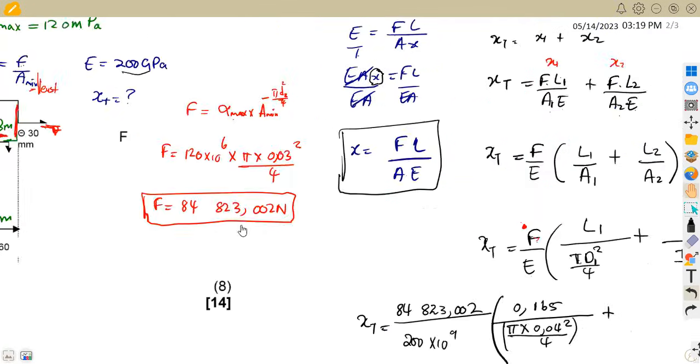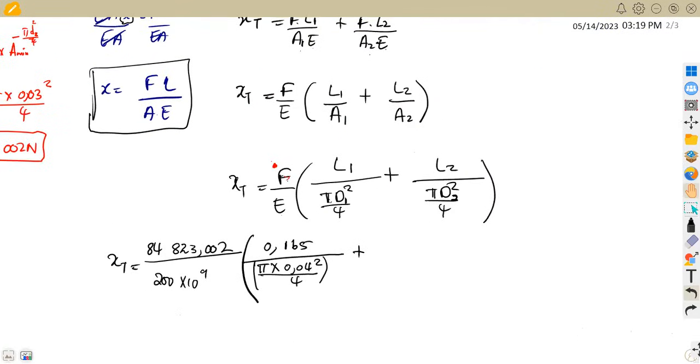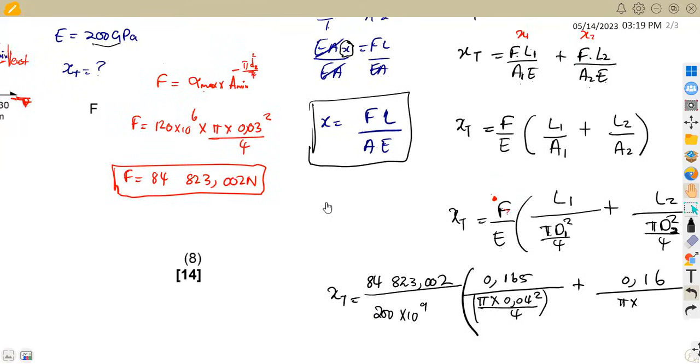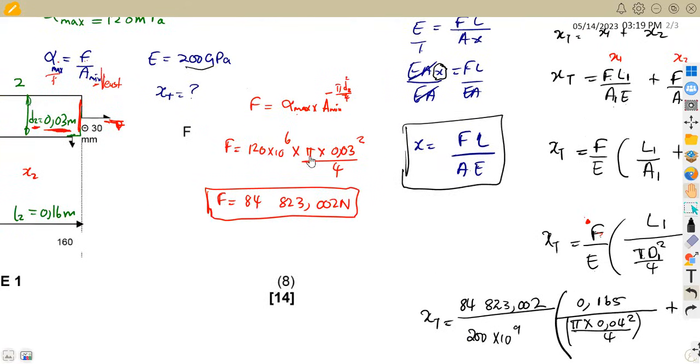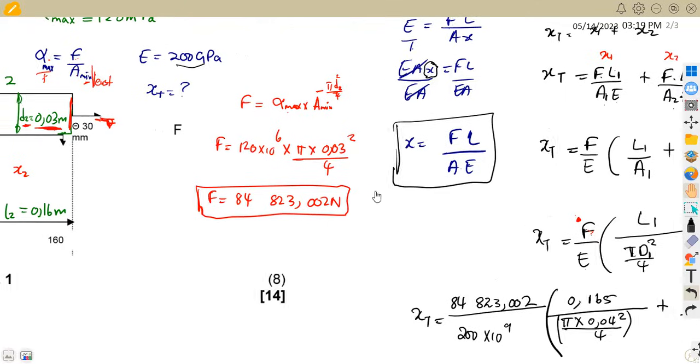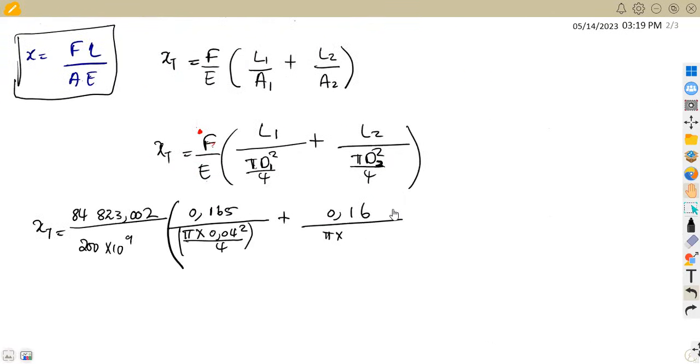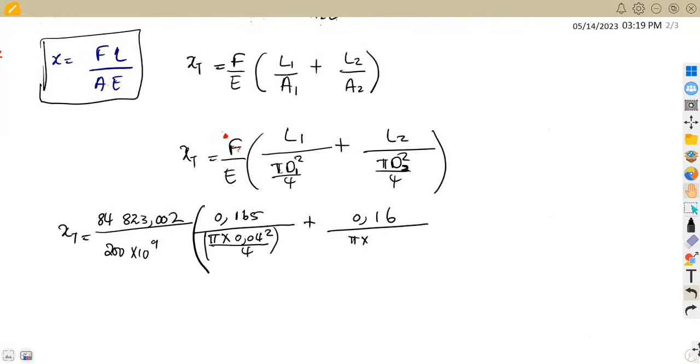So you're going to have 0.16 meters here. All right, so that's 0.16 meters over the area, which is pi d squared, the second diameter, that's d2. So it's going to be pi times, this one, we calculated it if you check here when we were calculating the force. So that's our diameter 0.03. So you're going to have 0.03 on this part. All right, so this part is going to give us the total extension of everything.